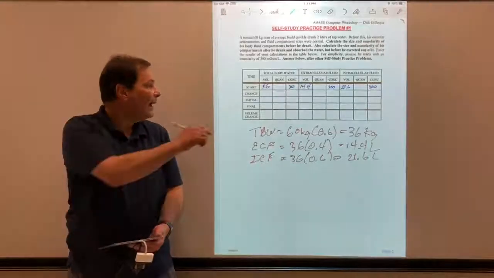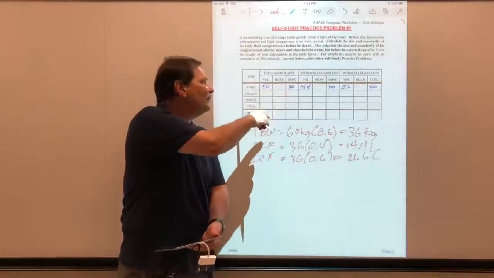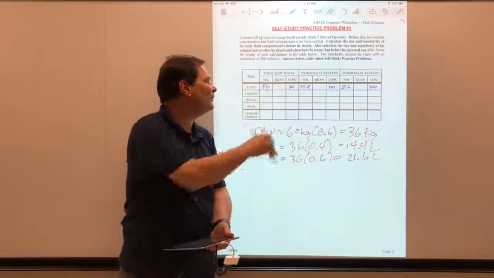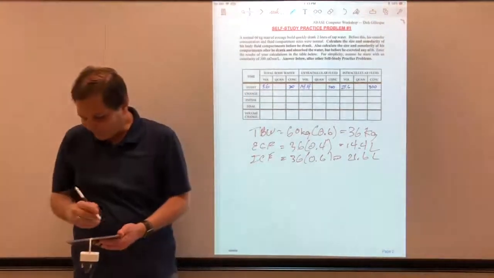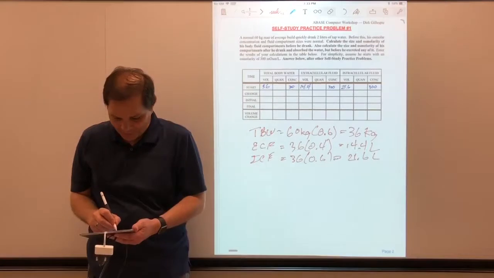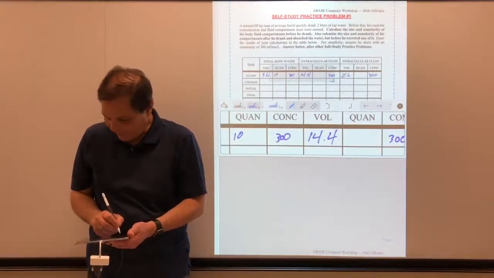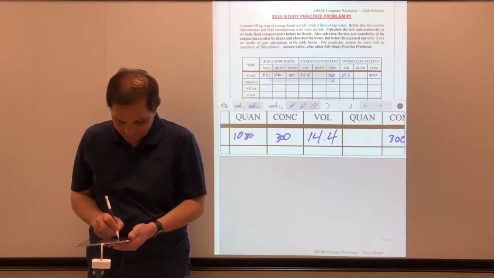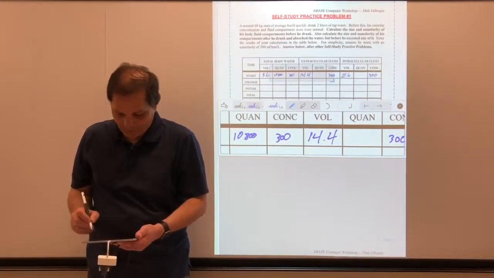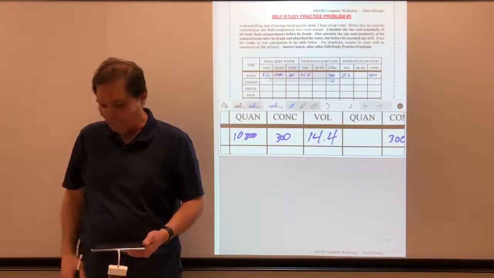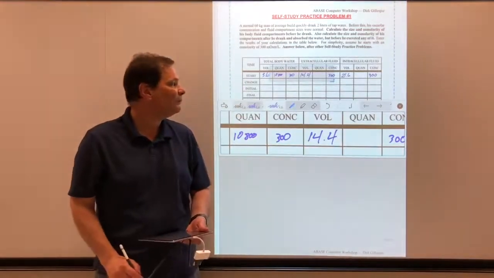So now, how much in terms of milliosmoles do we have? This is milliosmoles per liter. This is liters. 300 times 36 is 10,800 milliosmoles. Okay? Of that, again, we have a 40-60 split.